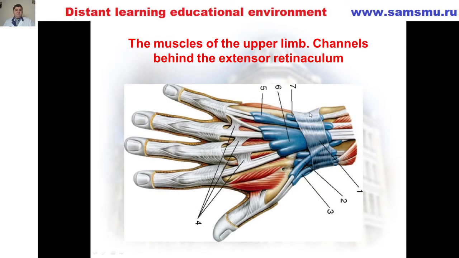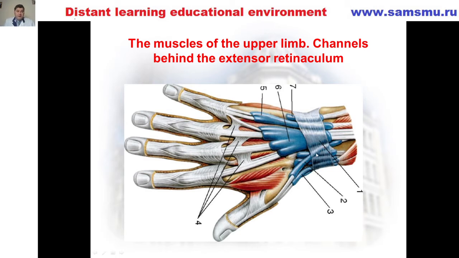And on this picture you may see the tunnels behind the extensor retinaculum. The bundles of connective tissue behind the extensor retinaculum form six channels. In the first channel pass two tendons, the tendon of musculus extensor pollicis brevis and the tendon of musculus abductor pollicis longus. In the second channel pass two tendons, the tendon of musculus extensor carpi radialis longus and the tendon of musculus extensor carpi radialis brevis.